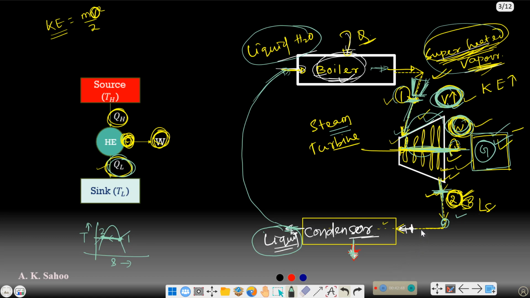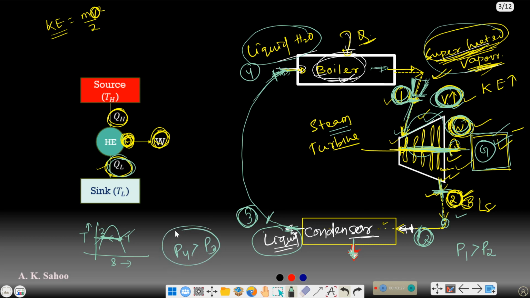So if this is state point 2 and this is state point 3, during this process there is no change in pressure and no change in temperature. If the pressure at state point 1 is high, then P1 is greater than P2. And if this is state point 4, at which liquid water enters the boiler, then P4 will be greater than P3.